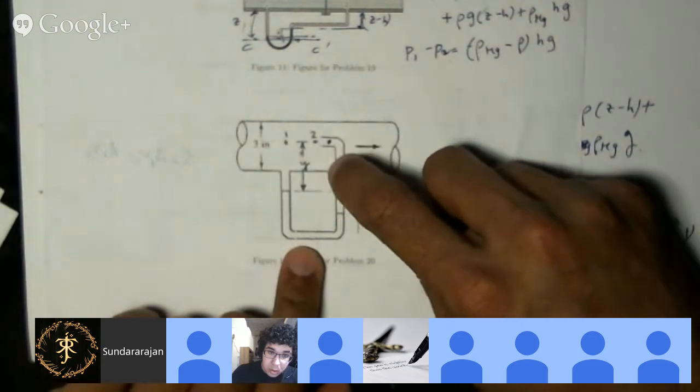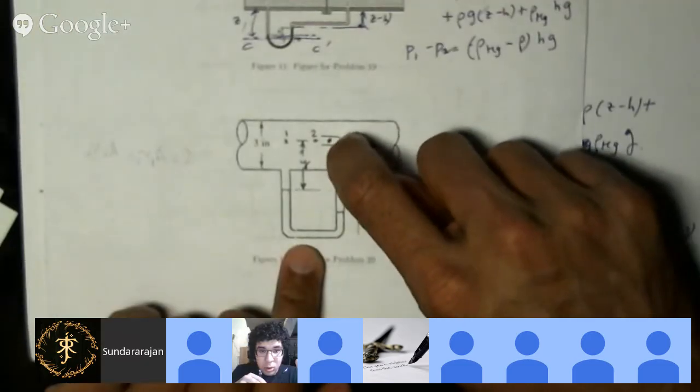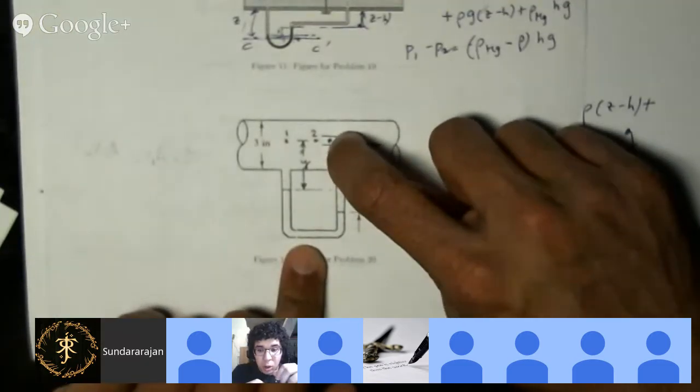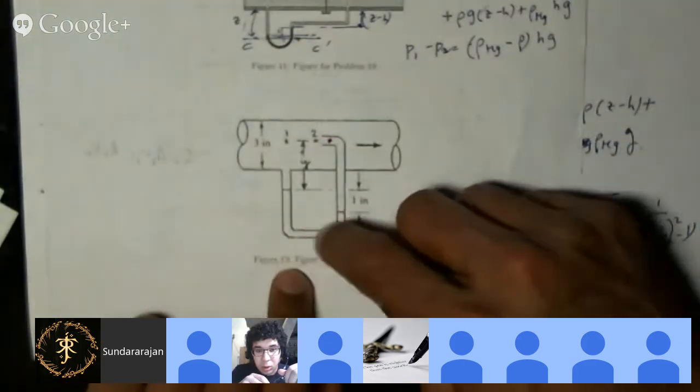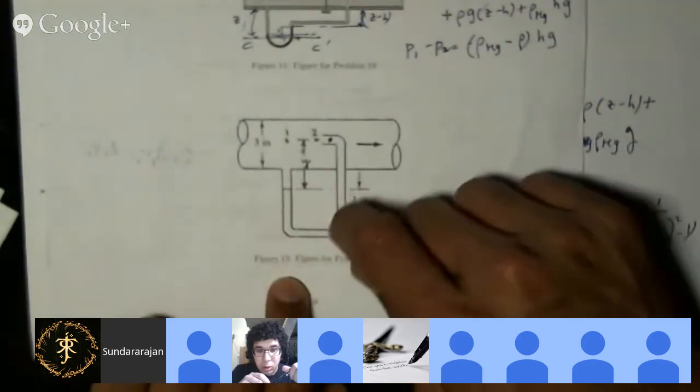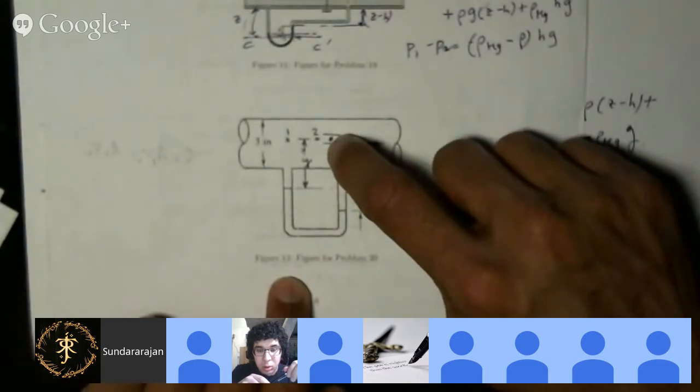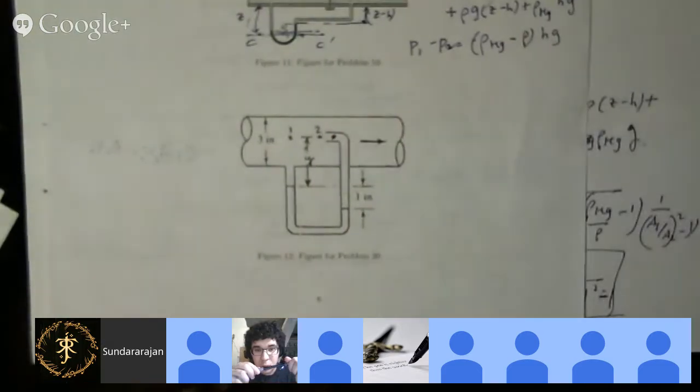There's no flow here. I thought I was going the other way though. No, but inside the tube, there's no flow, right? Oh, I didn't know that. Once it's inside the tube, there's a manometer fluid here. How can it go any further? It stopped. And so because it stopped, velocity V2 is 0.